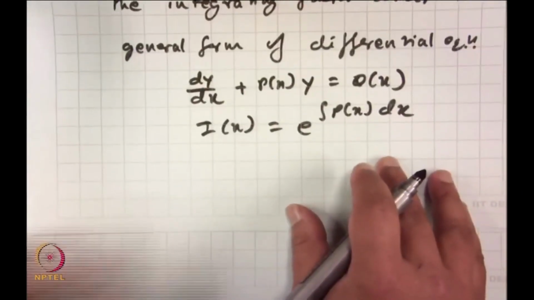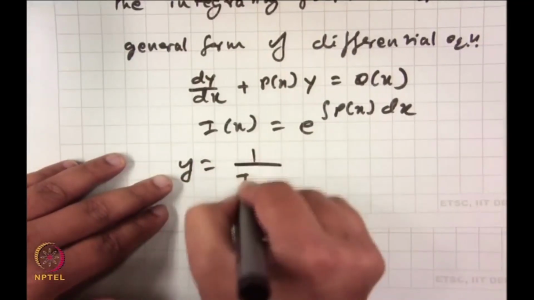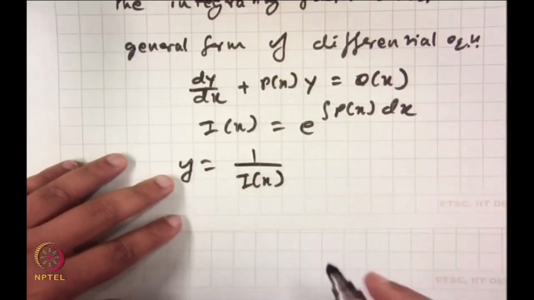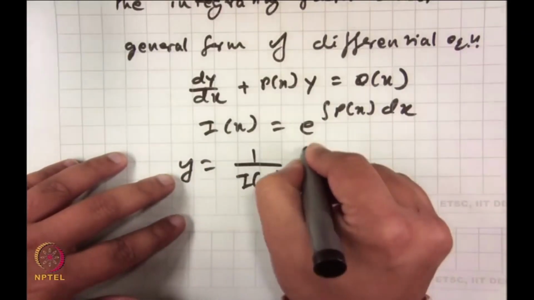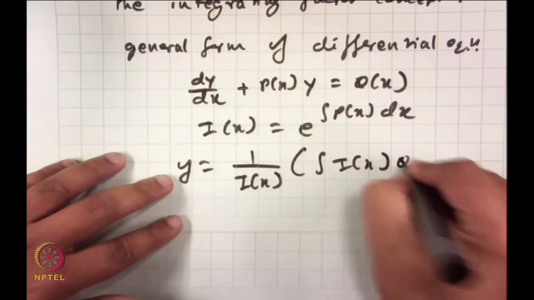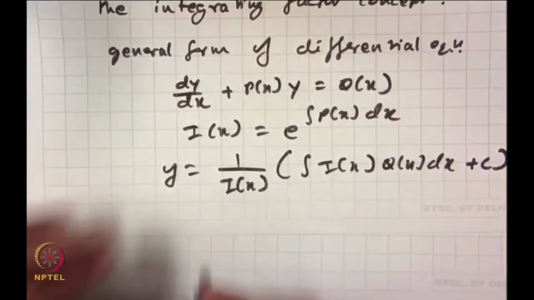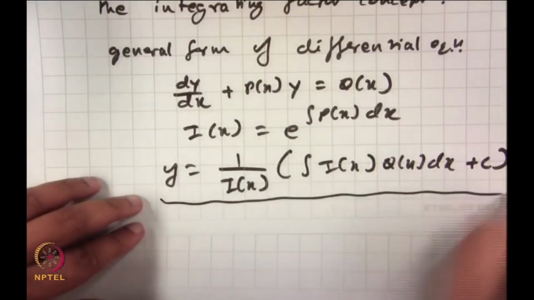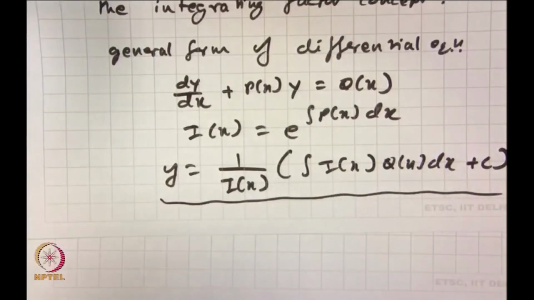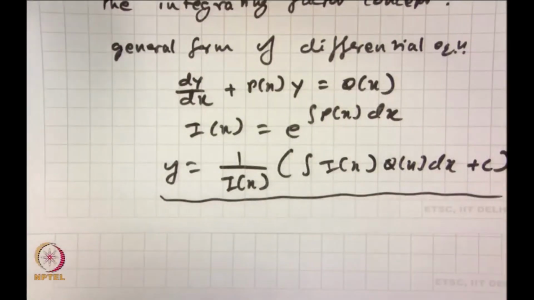So, here finally, the solution becomes y is equal to 1 by I of x, then I can write integral of I of x q of x dx plus c. So, this is the final solution we are going for, okay, in terms of the integrating factor technique. Okay. So, let us do it just one by one.